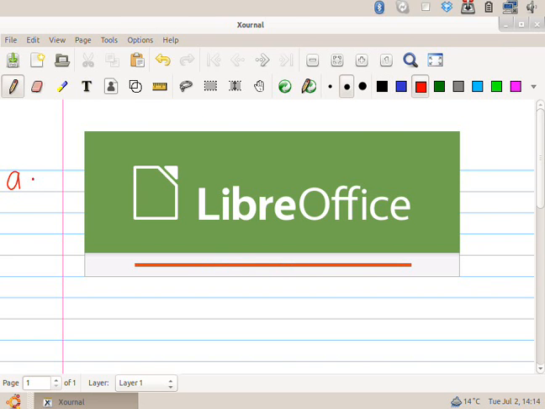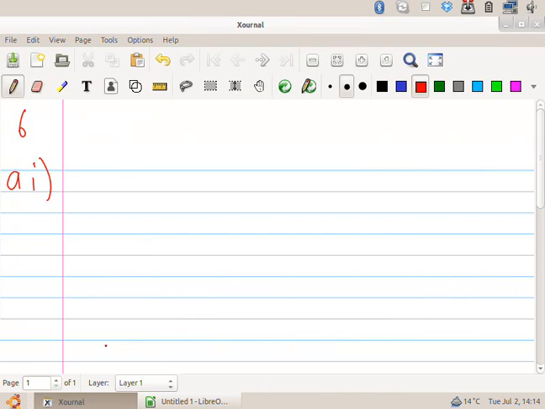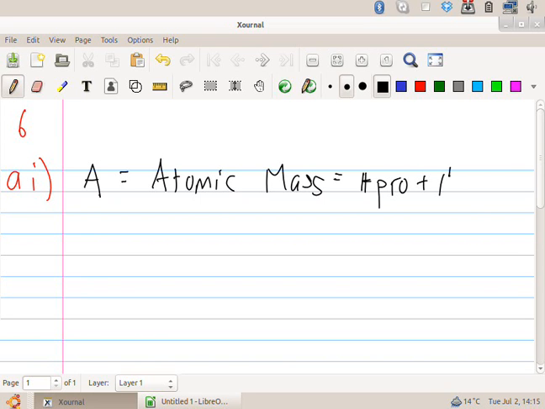So A, part 1 in number 6. What does the A represent? It's the atomic mass. You're right. Which equals the number of protons plus number of neutrons.